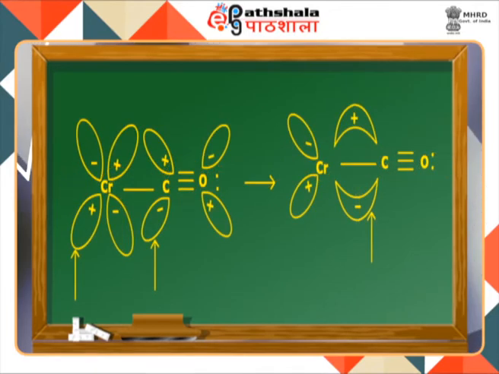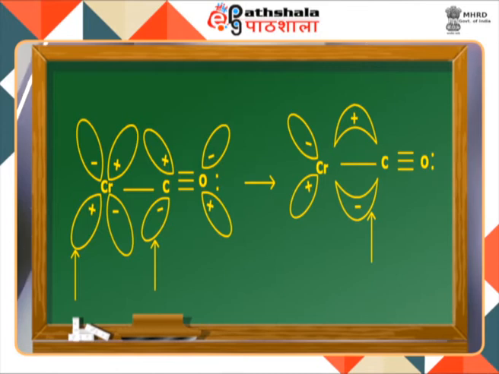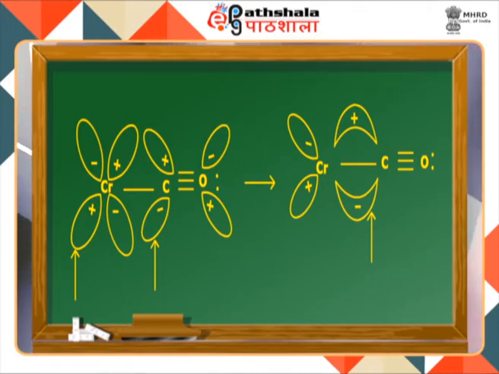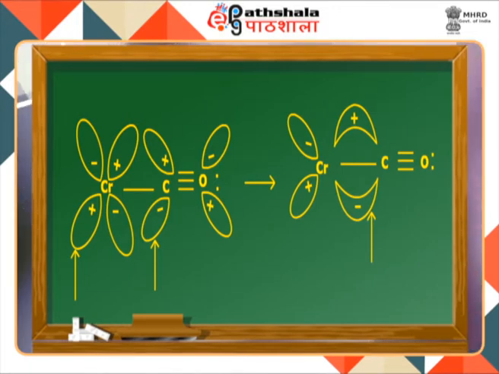The filled 3dxy, 3dyz or 3dxz atomic orbital of the chromium atom overlaps with the vacant pi star, that is the pi 2px or pi 2py molecular orbital of the carbonyl molecule, forming a chromium to carbonyl pi bond, which is also known as back bond.